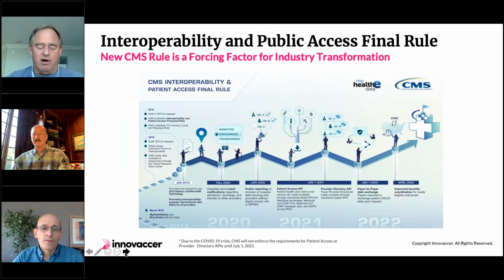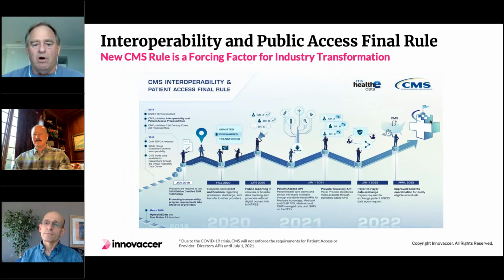But they've come up with a very well written specification on how these application programming interfaces should be used and specified. Specifically, the rule was applied to provide patient access from the payer's environment for their membership. And so this is, to me, a huge first step.